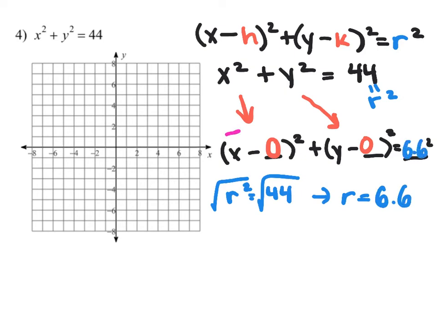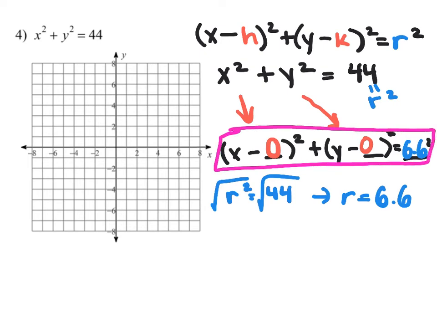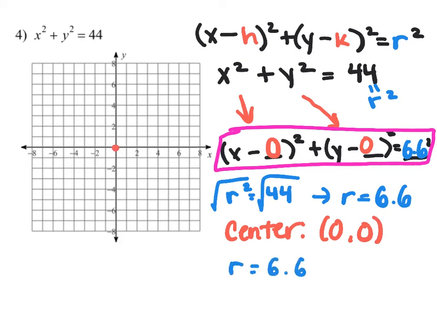So the equation of the circle is given to us here. The center is at 0, 0, which I can graph, and the radius equals about 6.6. So I'm going to go up 1, 2, 3, 4, 5, 6, and a little more than a half.